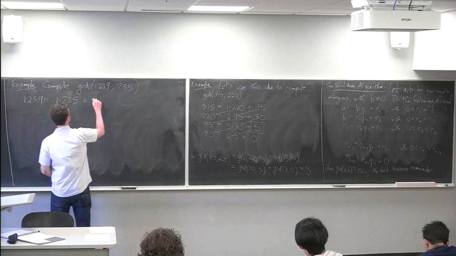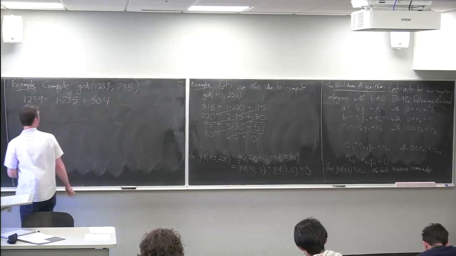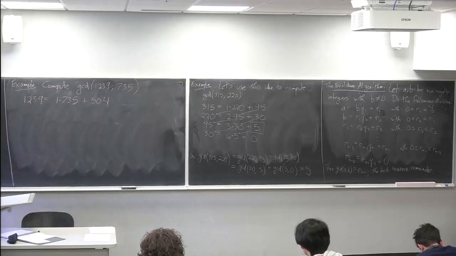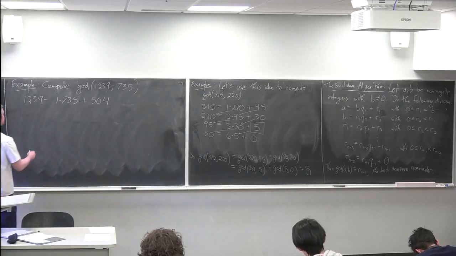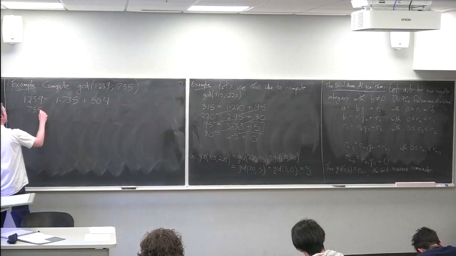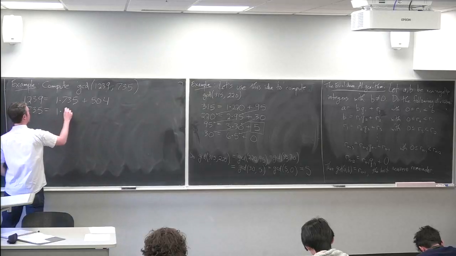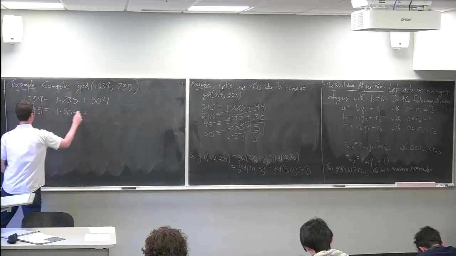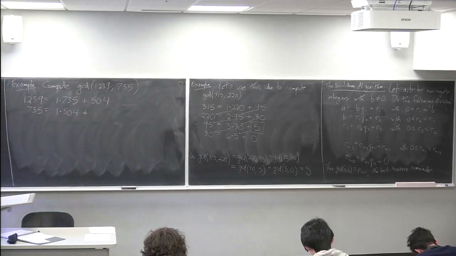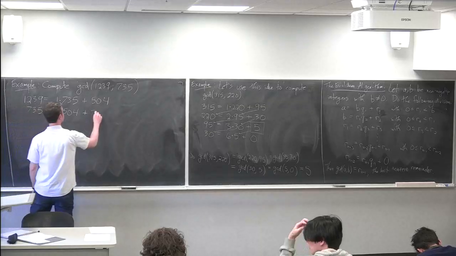Okay, and then next line, we would want to take 735 and divide 504 into it, which would again only go in one time, with a remainder of whatever the difference of those two numbers is, which is 231, I believe.